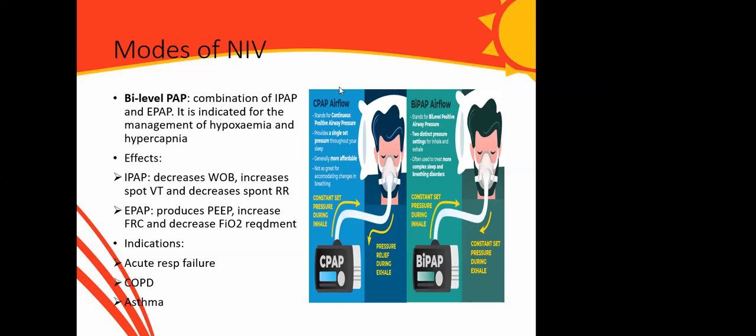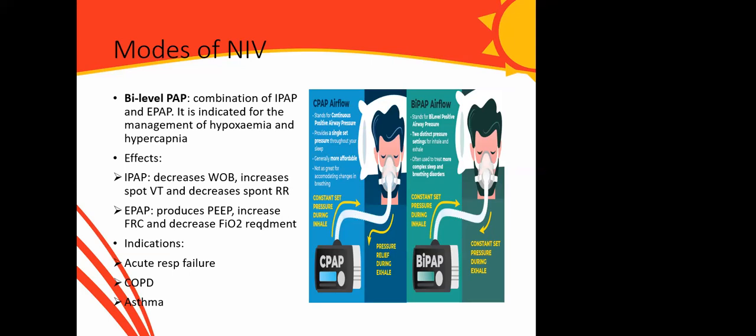All right, so CPAP, you can look at this, stands for continuous positive airway pressure, while BiPAP stands for bilevel positive airway pressure. If you are asked to compare and contrast CPAP and BiPAP, this is what you say. In CPAP, there's a single set of pressure throughout the respiratory cycle.